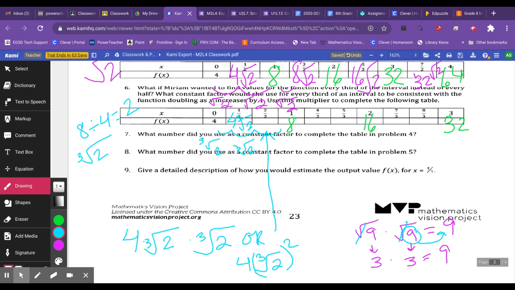And same thing with the others. The first one would be 8 cubed root of 2. And then the next one would be, I'm going to give myself some space here, 8 cubed root of 2. And I'm going to do this squared on this one since I don't have a lot of room.